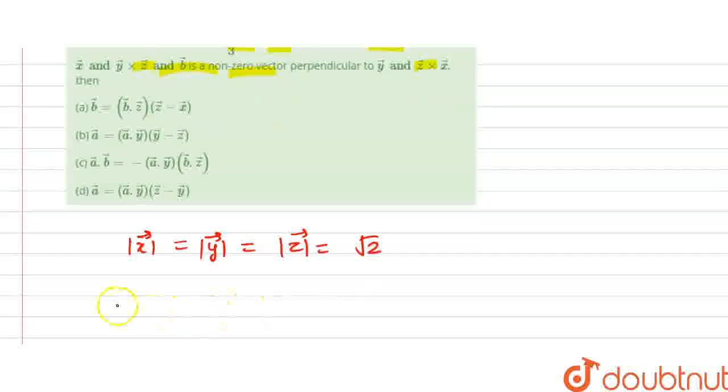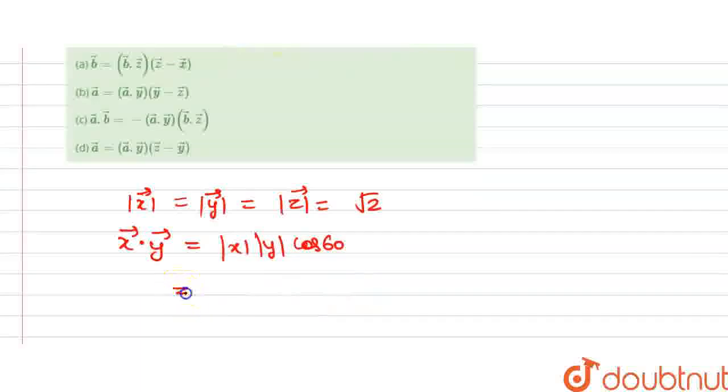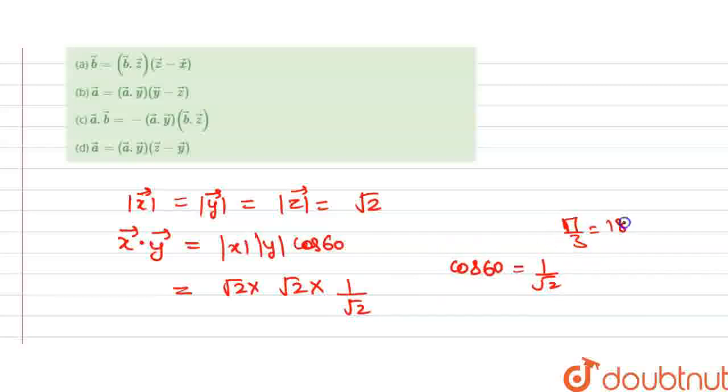So we can write vector x dot vector y equals magnitude of x into magnitude of y into cos 60, as pi by 3 is 60 degrees, since pi is 180 degrees and 180 by 3 is 60 degrees.